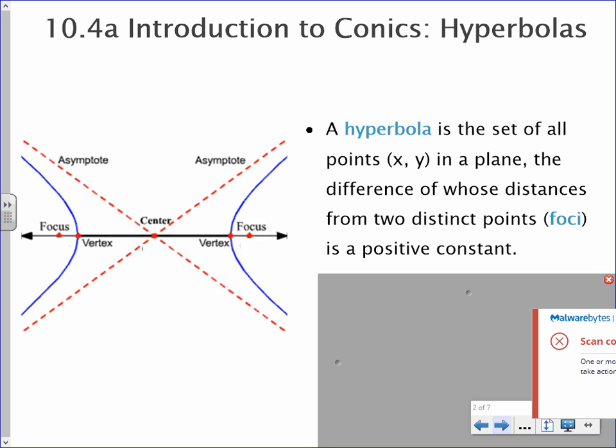Notice, however, that the foci here are further away from the center than the two vertices. That's different from when we have ellipses, right? The foci are closer to the center for the ellipse, but here the foci are further away from the center in a hyperbola. Fun new addition, we have asymptotes that go through the center.